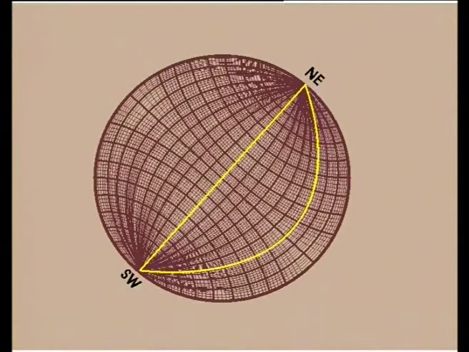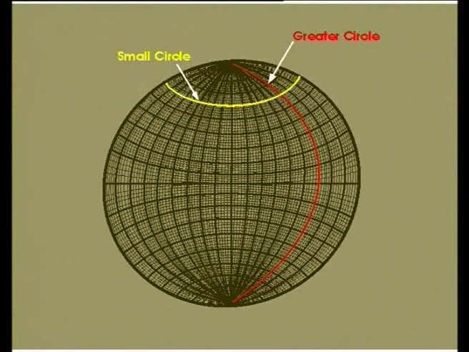Thus, a plane and a line can be plotted with the help of the stereographic net on the overlay in the form of great circles and points when the plunge or pitch of the inclined line is given.